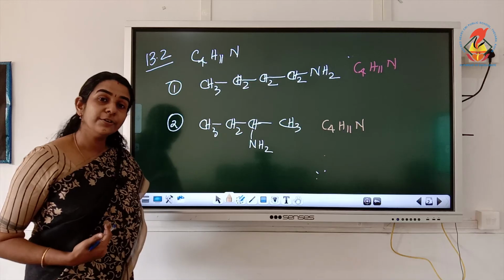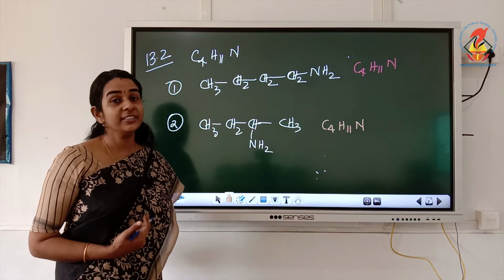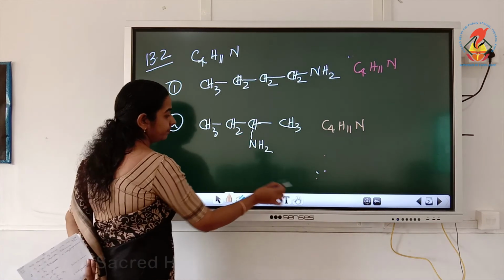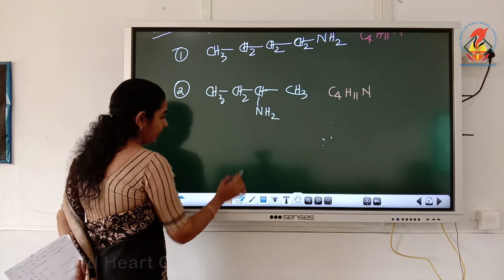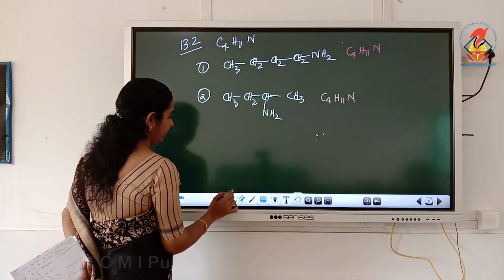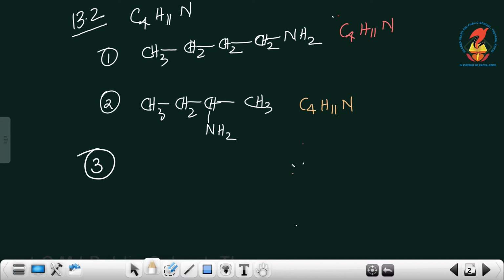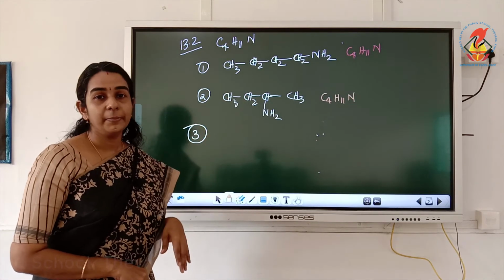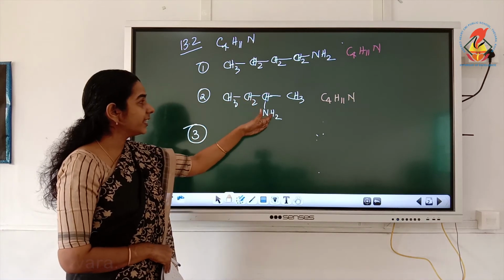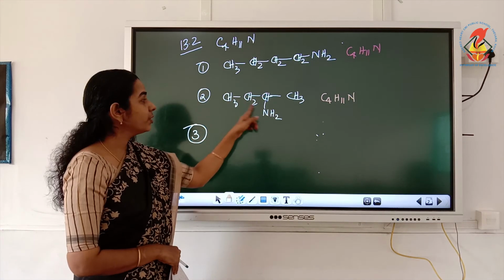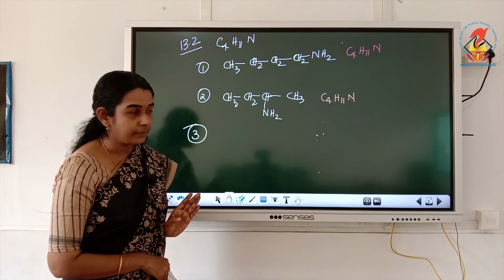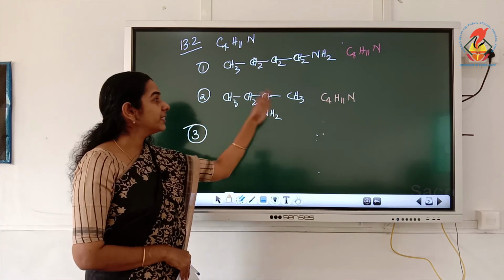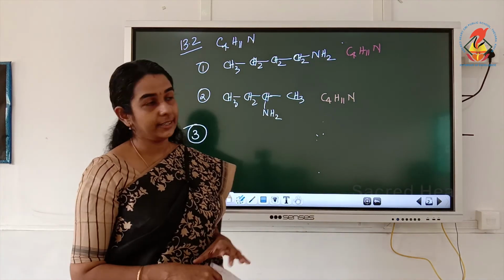The same molecular formula but different structures are known as structural isomers, and we are getting another isomer. Now there is no other possibility on the straight chain carbon atoms. If I attach this NH2 group on the third carbon, it will be the same as on the second carbon, and if I attach the NH2 group on the fourth carbon, it will be the same as the first carbon itself.